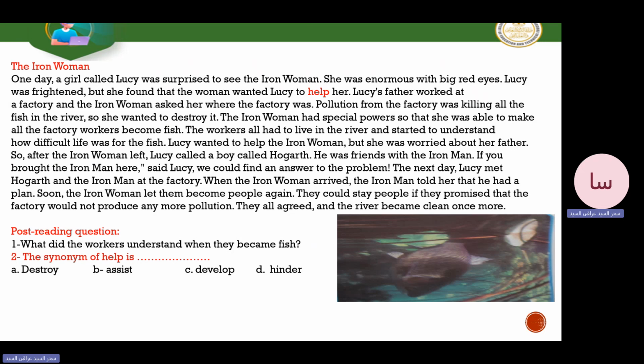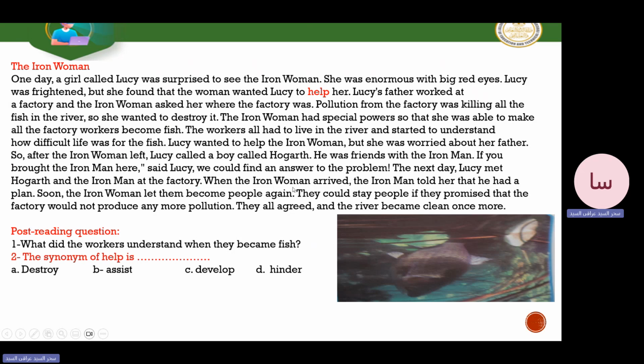So Lucy wanted to help the Iron Woman, but she was worried about her father because he was one of the workers. So after the Iron Woman left, Lucy called a boy called Hogarth. He was friends with the Iron Man. If you bring the Iron Man here, said Lucy, we could find an answer to the problem. The next day, Lucy met Hogarth and the Iron Man at the factory.